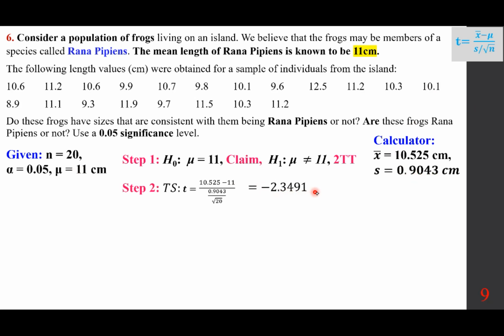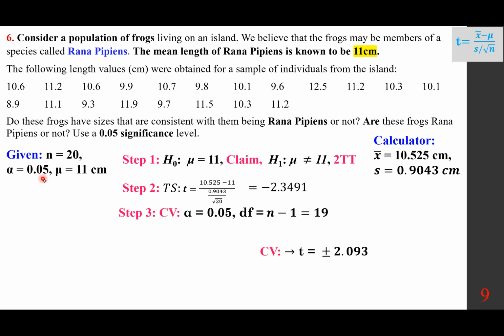Now, the next step is to calculate the critical value. Alpha is 0.05. Degrees of freedom is n minus 1, or 19. And t is plus or minus 2.093.